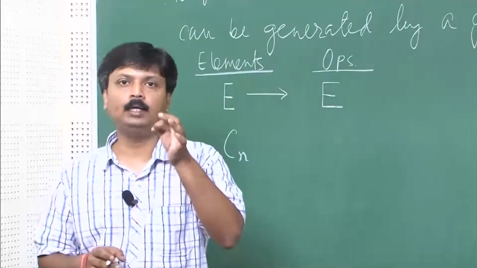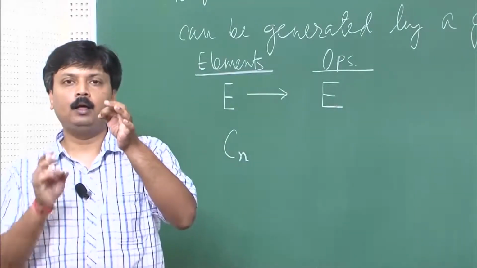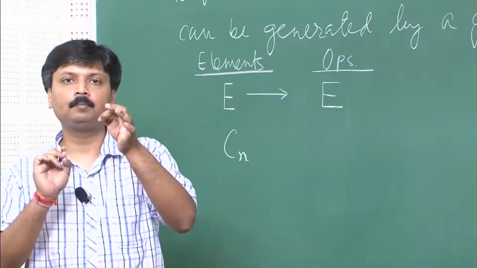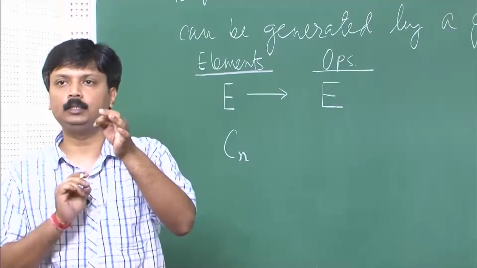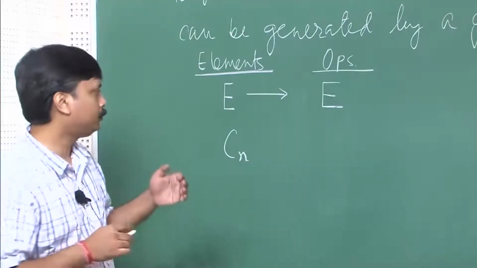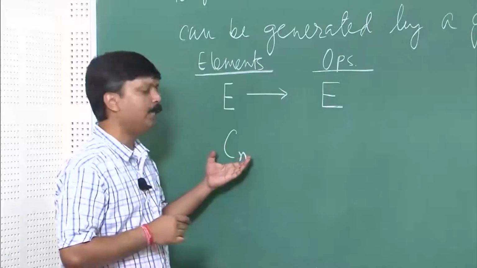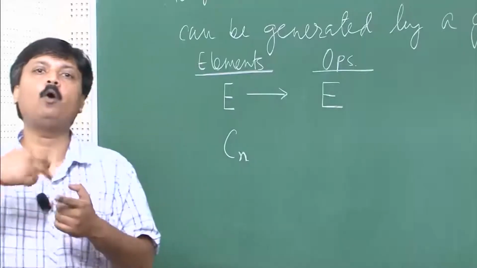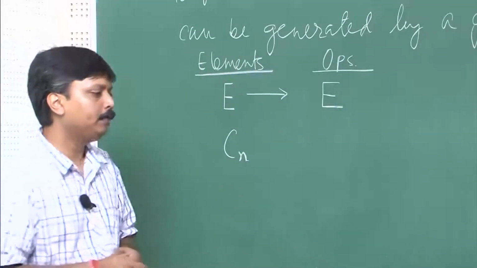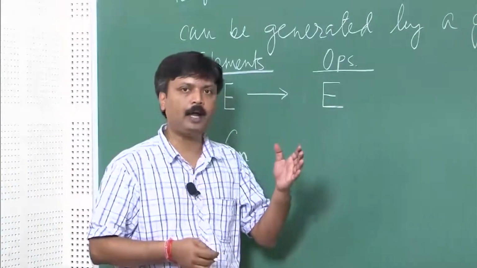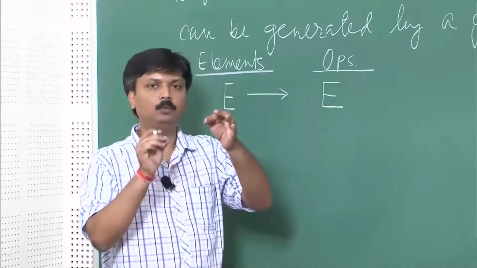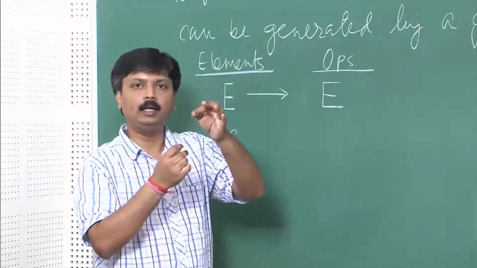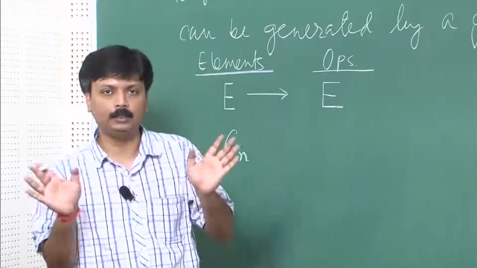So once I locate that principal axis of symmetry, then for every 360 by n degree rotation, I get an indistinguishable structure. Okay. So that means I can keep on operating Cn till the point I get back my original structure. For example, in the case of methane, I had the C3 axis, and you start rotating, 120 degree, 120 degree, 120 degree, and ultimately you will end up getting the original structure.